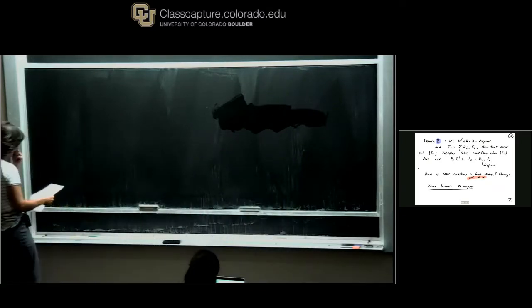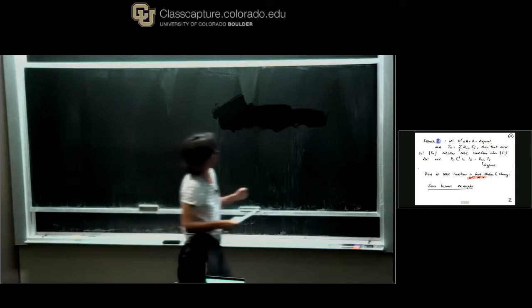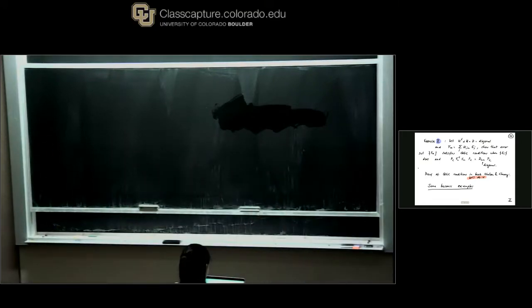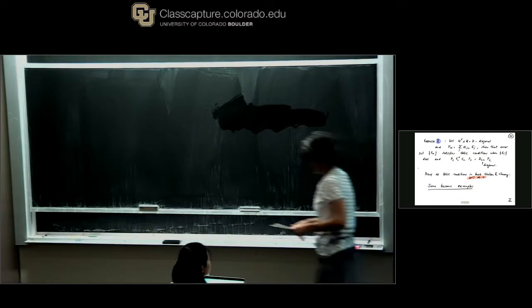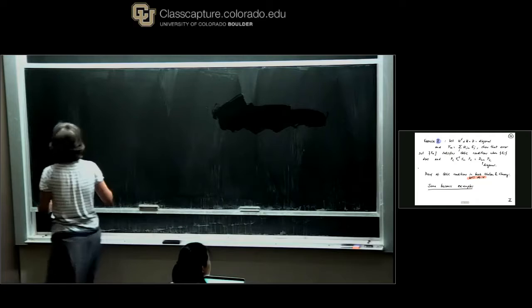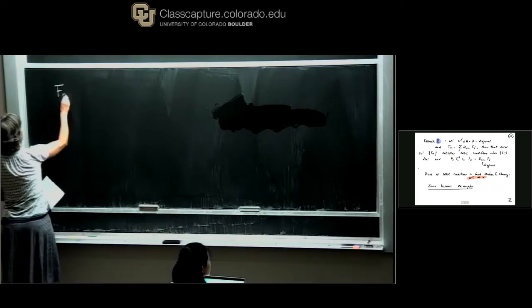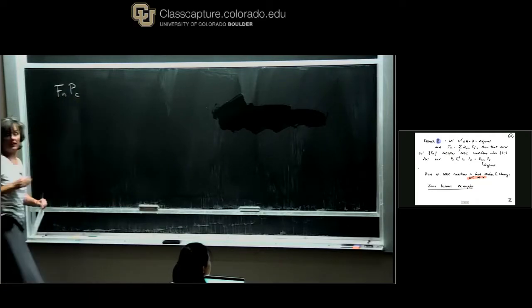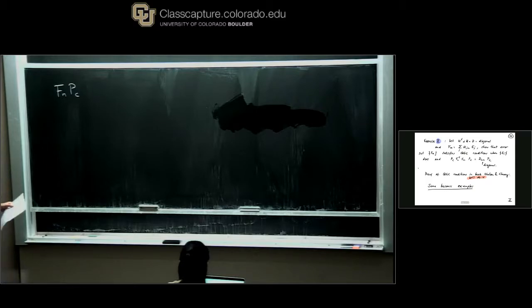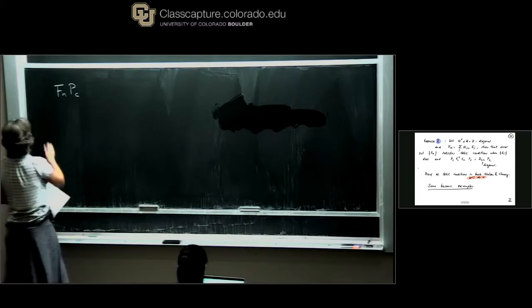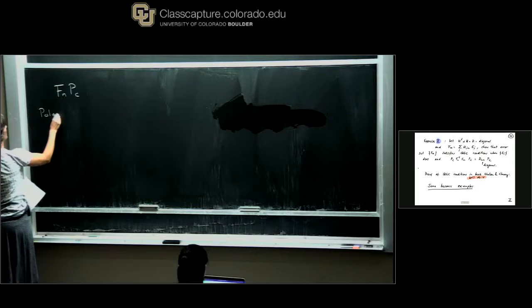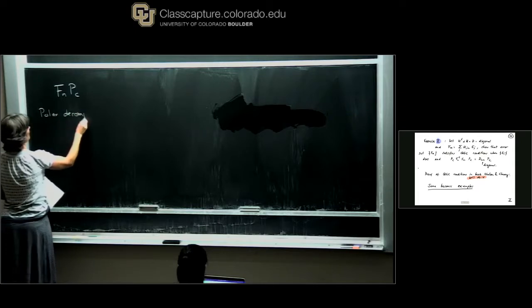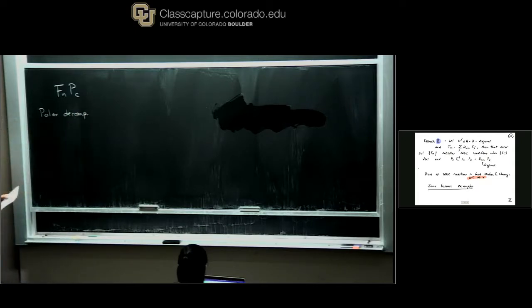Okay, so what we do is that we assume that for all n and m this is true. I'm just going to do some rewrite. I'm going to consider this operator, F_n P_C, just as a matrix, and I'm going to make a polar decomposition. What's a polar decomposition of a matrix?